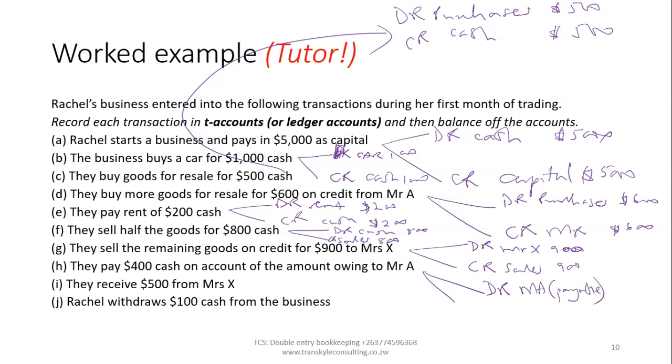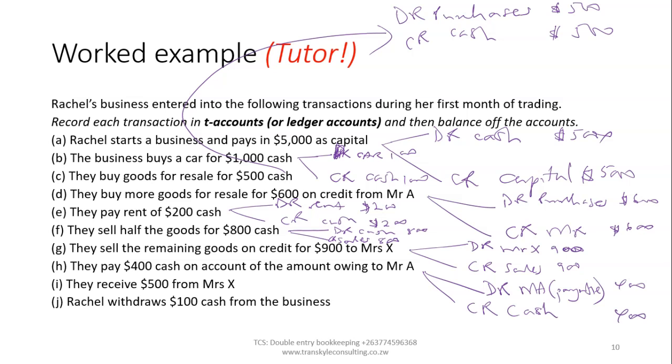We owe him money, so a payable is a liability. When we are paying, we are reducing the liability, which is why we are debiting the liability, $400, and crediting cash because our money is getting out of the business. So crediting cash, $400.